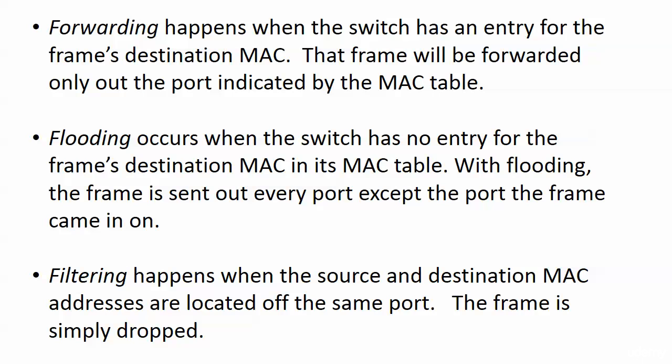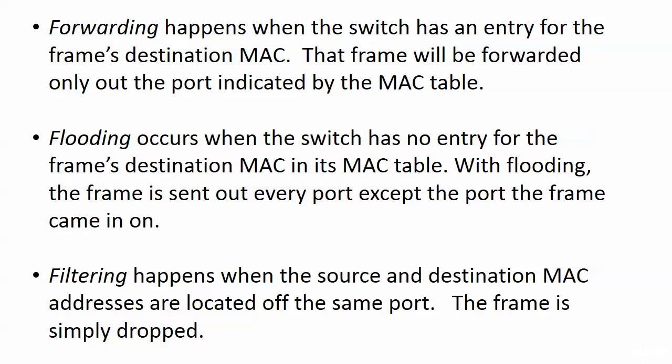So reviewing our 3 decisions here, and when they happen, forwarding occurs when the switch has an entry for the frame's destination MAC in its table, and that frame is going to be forwarded. It will be sent out only the port indicated by the MAC address table. Flooding occurs when the switch has no entry for the frame's destination MAC in its MAC table, and with flooding, the frame is sent out every port except the one it came in on.